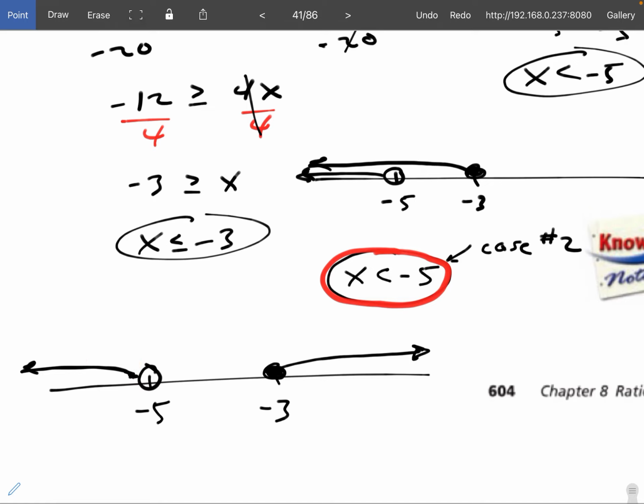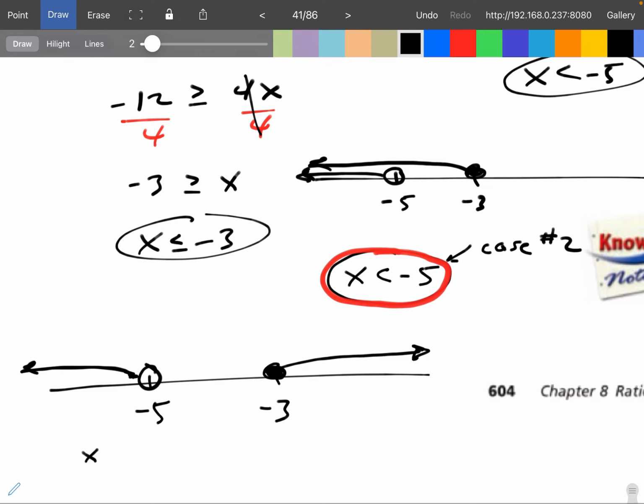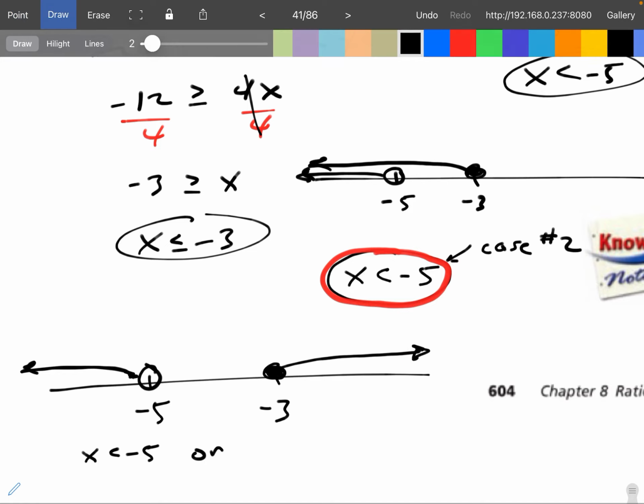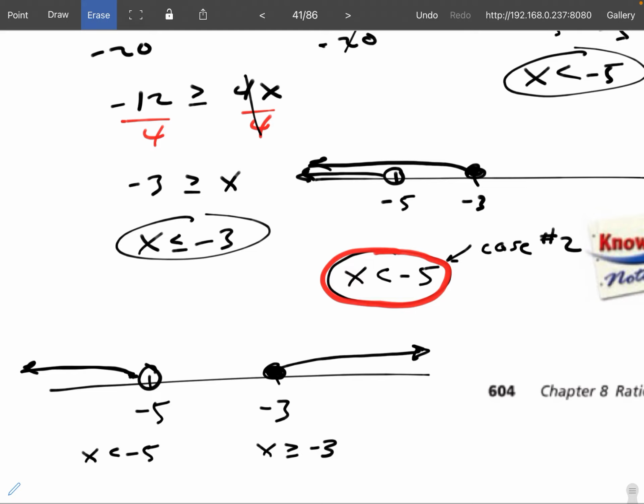I've got to describe these x values over here. Well, that's all the real numbers less than -5. So I'm going to write all the real numbers x less than -5, or, and then I've got to describe this shaded region over here. That's all the real numbers x greater than or equal to -3. So that is my final solution right there.